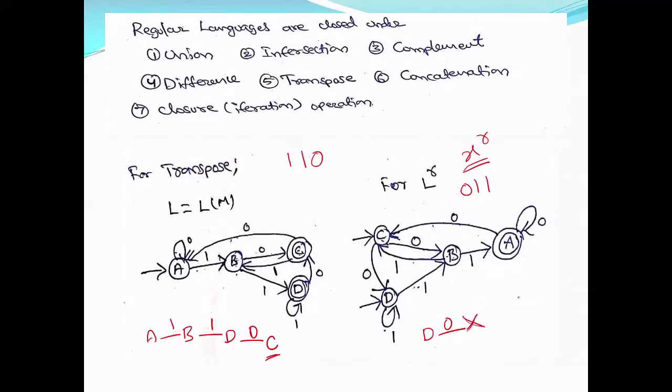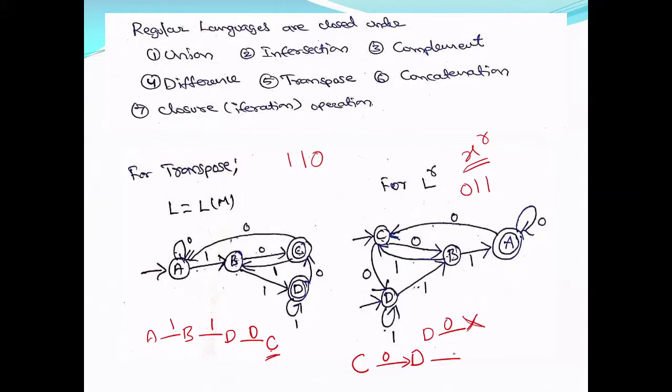So this is not directed, but I can start in C because C is also an initial state. So I start in C. C on 0 is going to D. Look at this, D on 0 is coming to C. It is starting from C. So C on 0 should go to D.